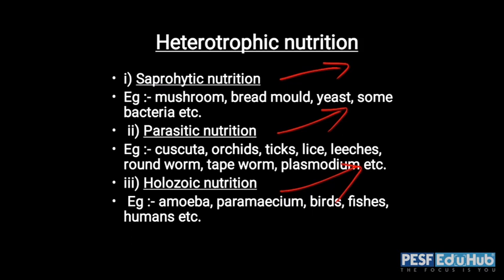For example, plant cuscuta, some plants called orchids, animals like ticks, lice, leeches, they are ectoparasites. Roundworm, tapeworm, plasmodium are endoparasites. Then holozoic nutrition is shown by amoeba, paramecium, birds, fishes, human, etc. Here we consume solid food. So these are 3 types of nutrition. Clear? Very important for your examination.